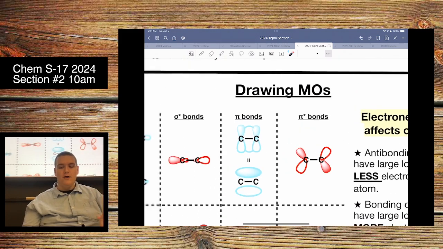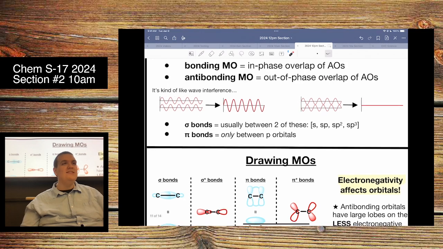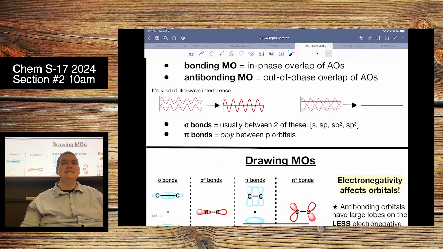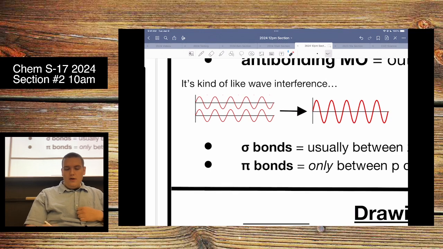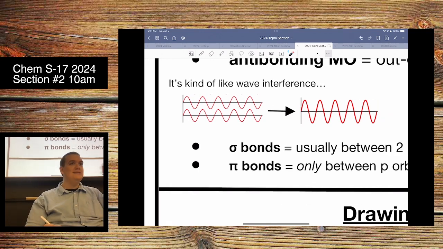Now, one metaphor I want to bring up here is physics and waves. I'm not going to get deep into it because I don't claim to understand physics. Do you remember this idea where if you had 2 waves, there's a certain way you can add them together where it's going to take these individual signals and amplify them and make it bigger? I think the term is constructive interference.